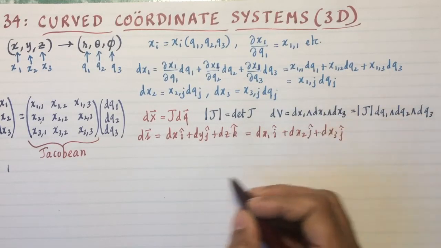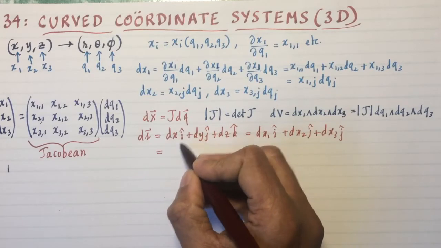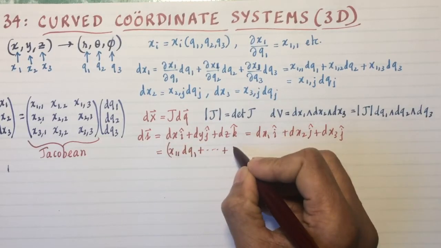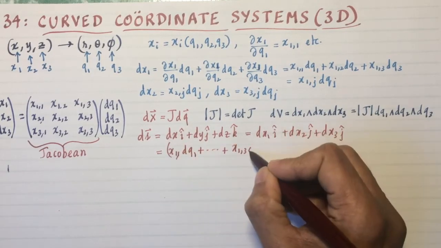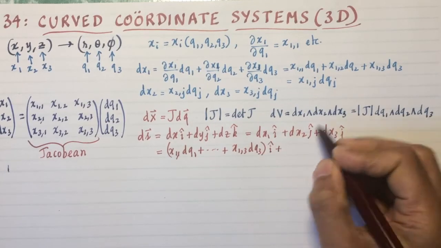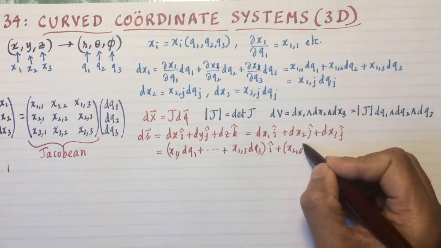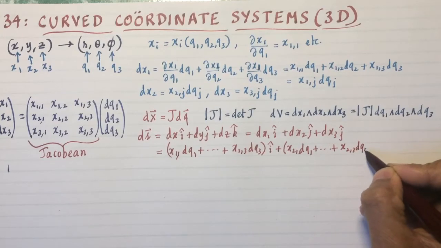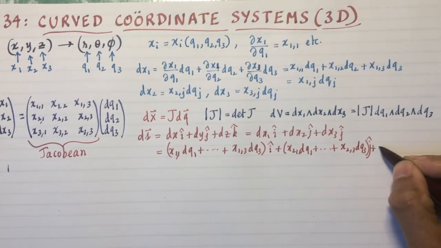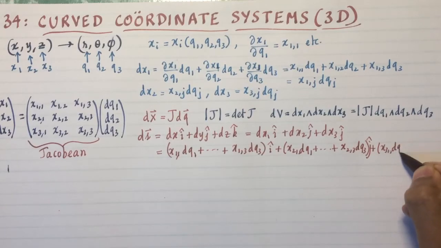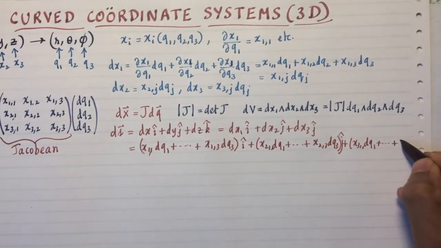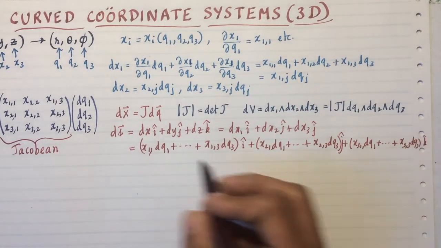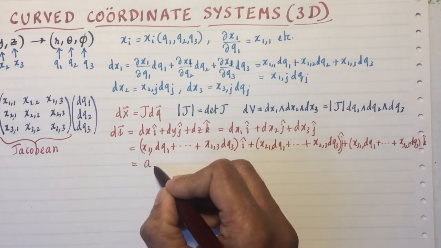So I'll substitute for them, and I'll end up getting x11 dq1, I won't write everything, x13 dq3 i hat plus x21 dq1, x23 dq3 j hat plus x31 dq1 plus x33 dq3 k hat.